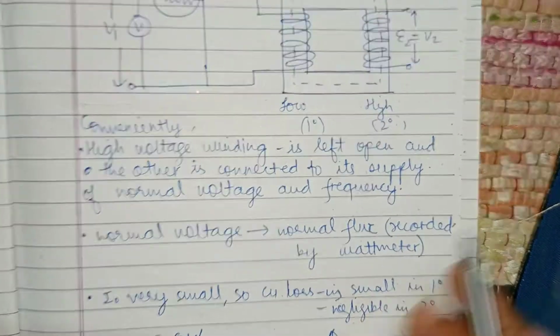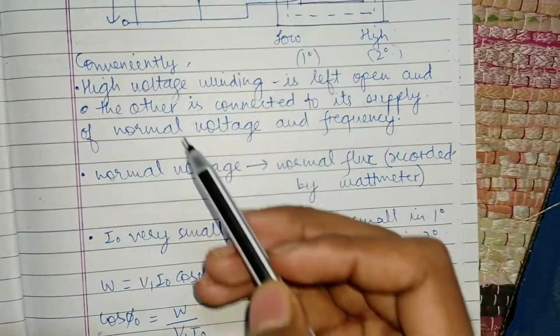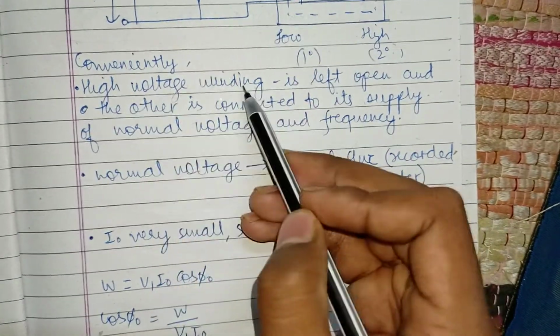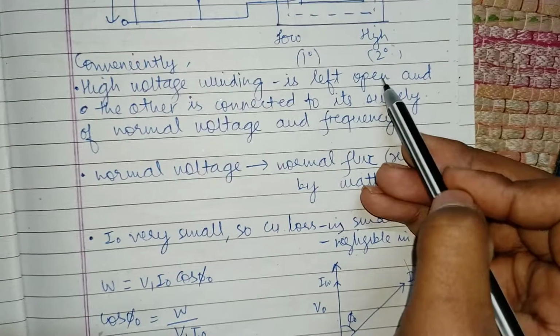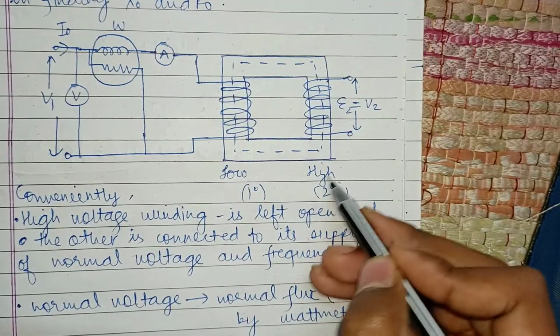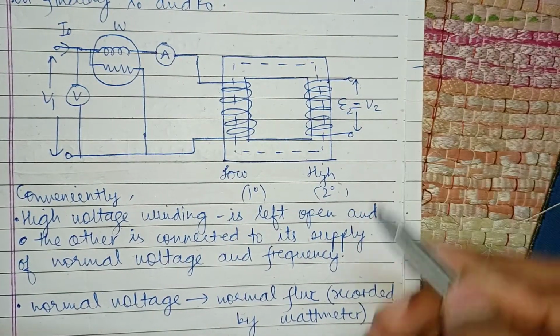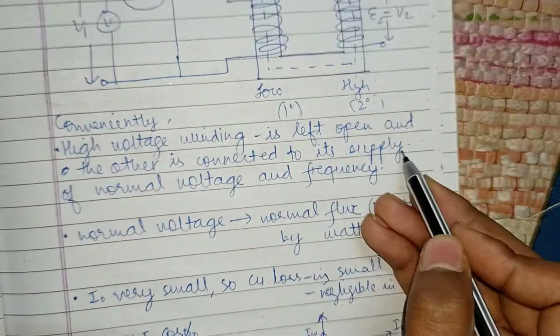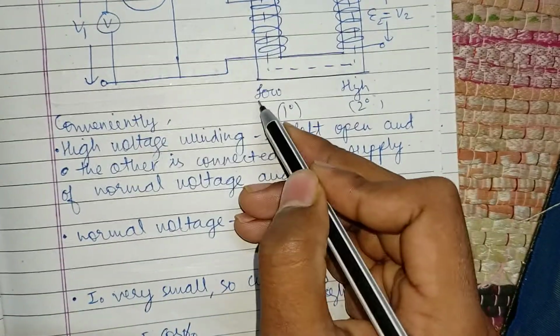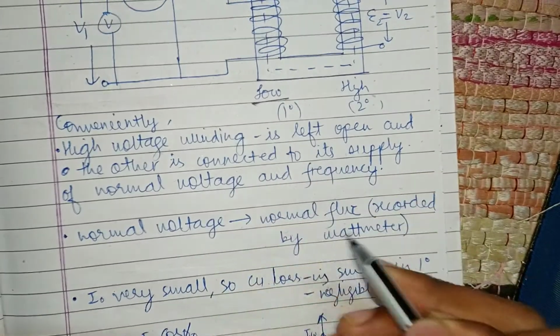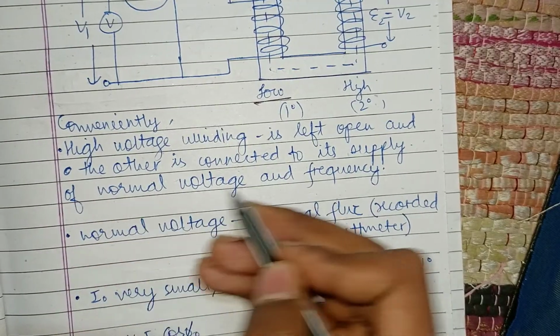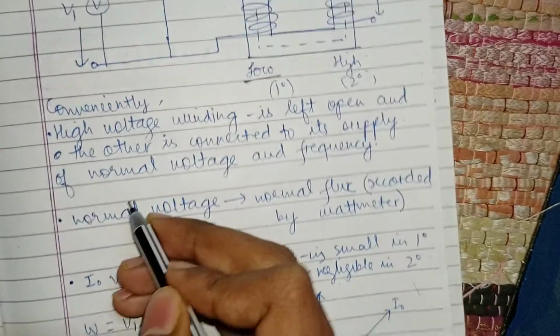While connecting, we should keep in mind that the high voltage winding is left open, with no load connected, and the other, the low voltage primary winding, is connected to the supply.